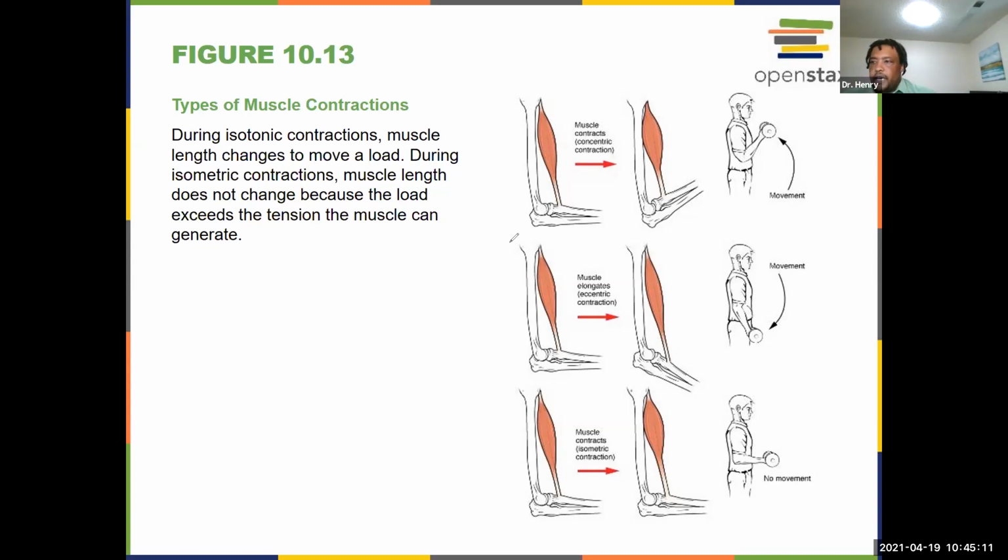The other type of muscle contraction is isometric. Isometric basically means no movement, so we're just leaving our arm up. We still have contraction going on in the muscle, but it's being evened out. So isotonic has two types, one contracting, concentric, one elongating, eccentric.